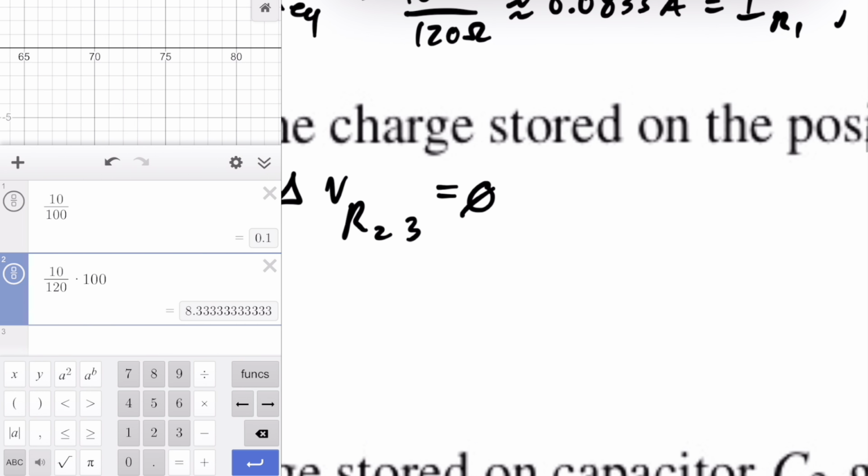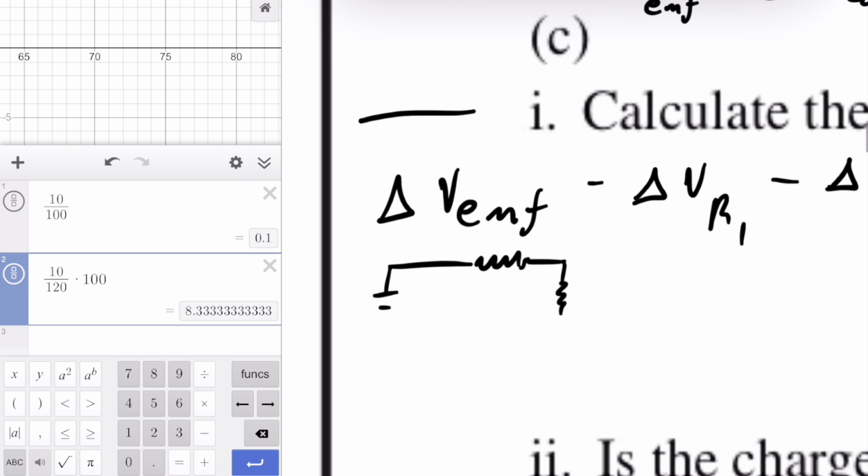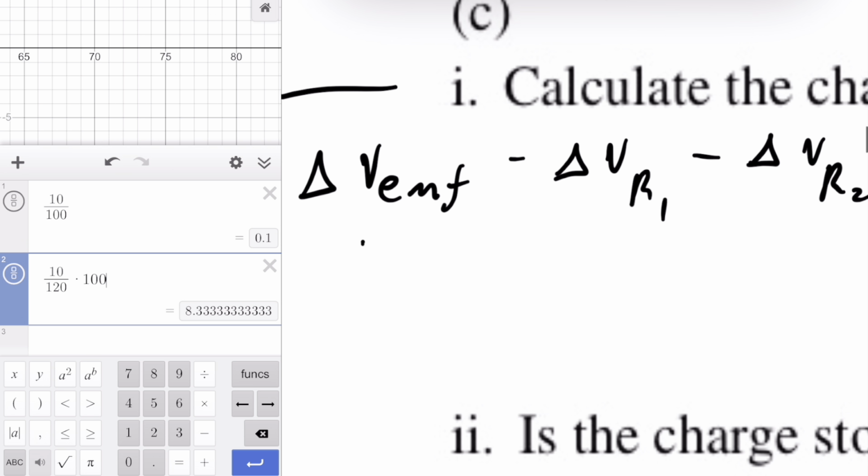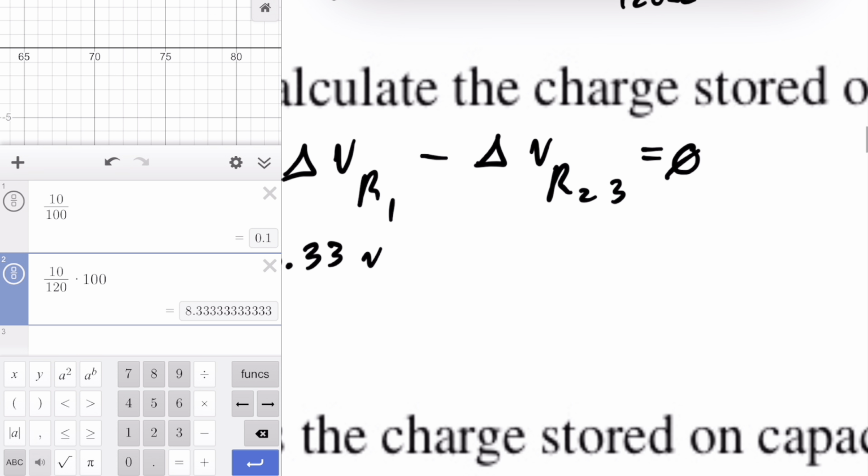So let's move on. And now we're going to figure out what R23 is, right? So we knew it was 10 volts from the battery minus, and we figured this out earlier, 8.33 volts from R1 has to equal, now where did I get the equals? I just added VR23 to both sides so I can solve for it.